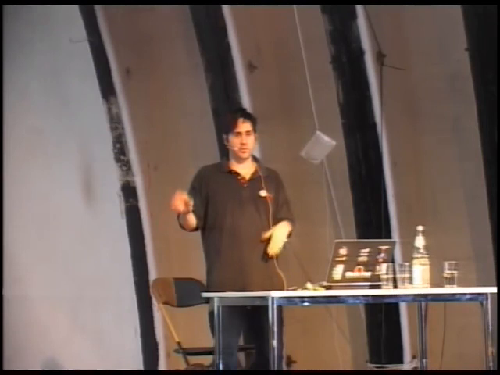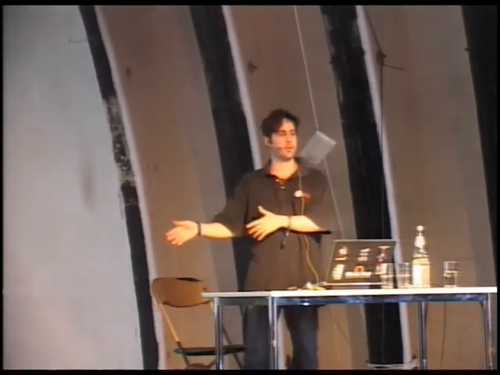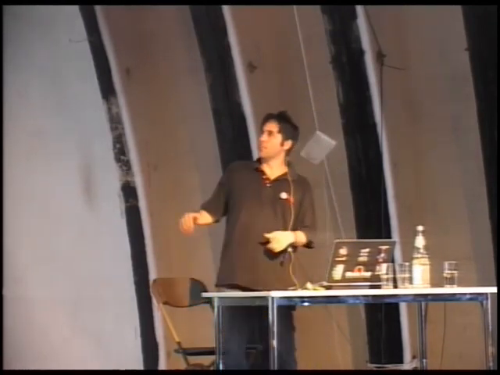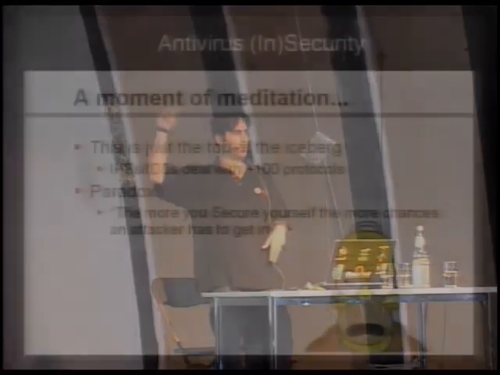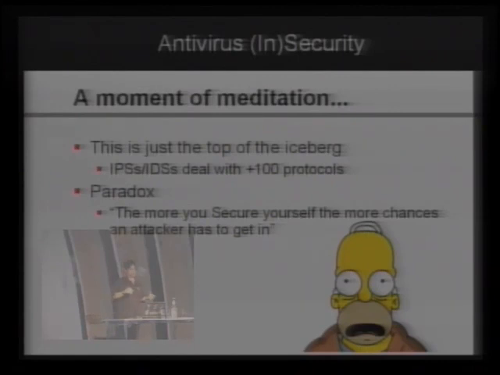Turning on the antivirus is good. For me, seriously, it's not secure, but you have to do it. So basically about this parsing thing, because the main thing is the parsers. It's just the tip of the iceberg. If you start thinking about the IPSs and IDSs, the amount of protocols they have to deal with, if you just have a look in Wireshark, you will see the amount of dissectors that they have.